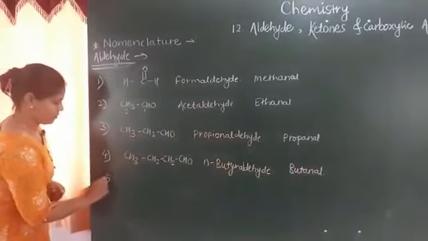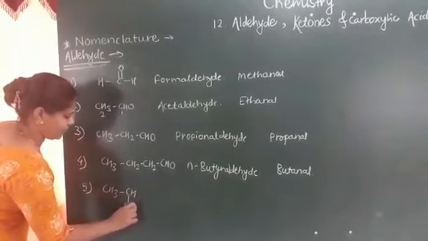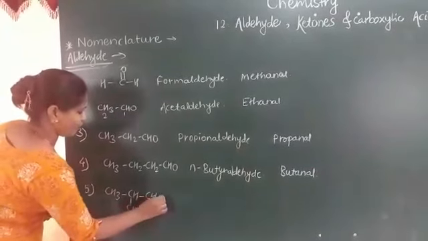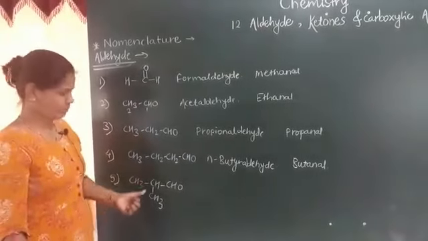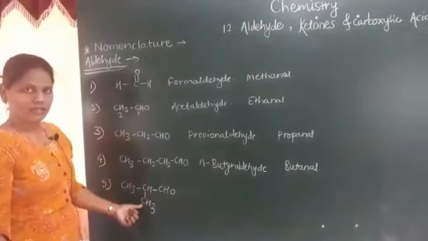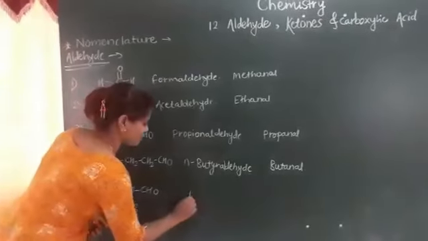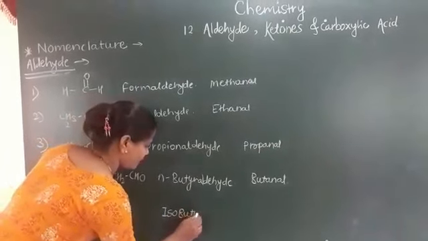Further, (CH3)2CHCHO. Now the total 4 carbon atoms are there, but this is a substituent on the second carbon atom, so the prefix iso is used: isobutyraldehyde.